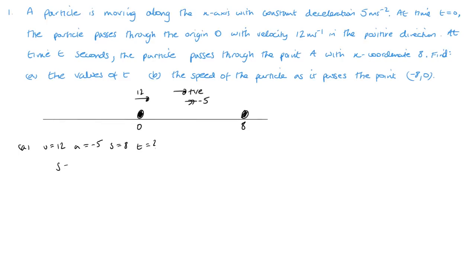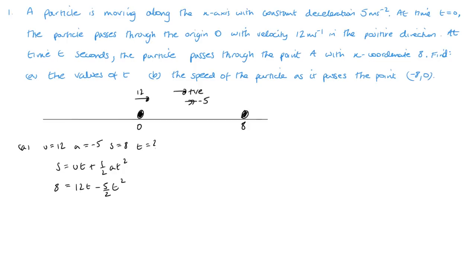And you guessed it, it is s equals ut plus a half at squared. So just substitute in now. So s being 8, and we've got 12t minus 5 over 2 t squared.